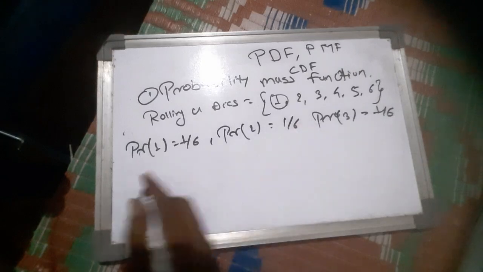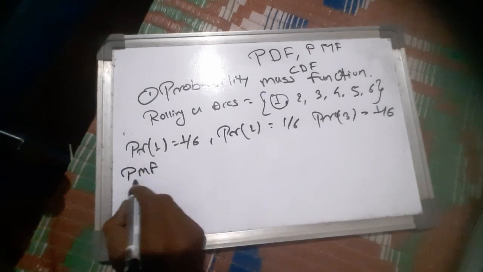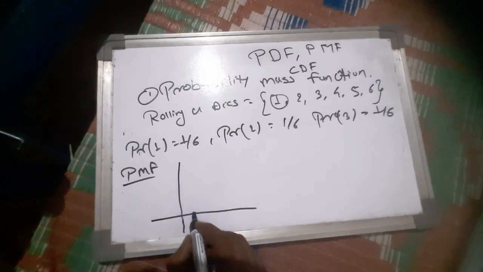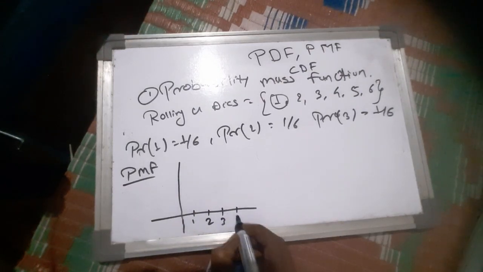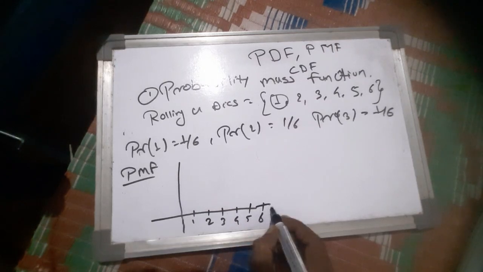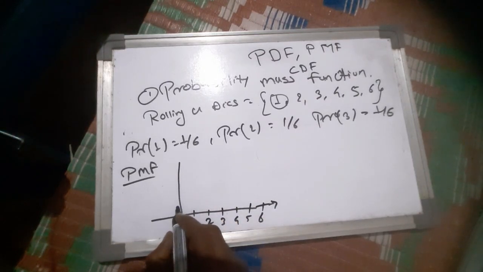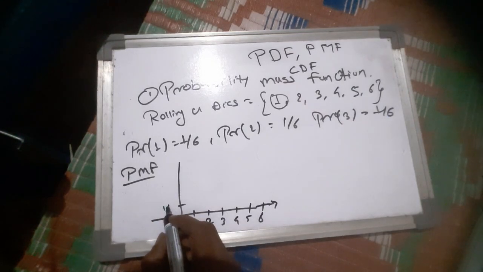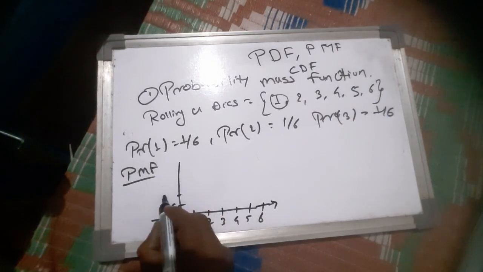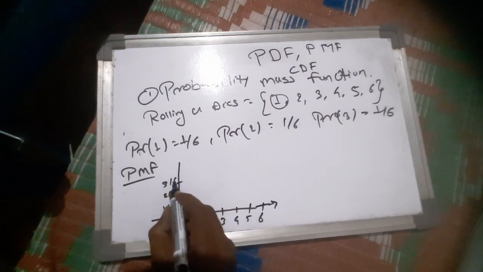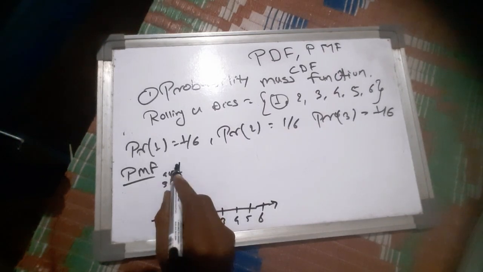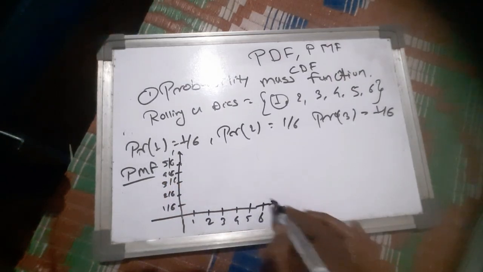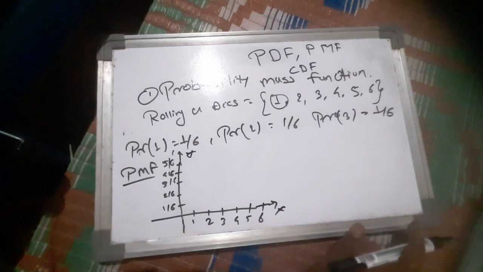So if you talk about the PMF graph, your graph looks like 1, 2, 3, 4, 5 and 6 on the x-axis, and 1 by 6, 2 by 6, 3 by 6, 4 by 6, 5 by 6, and 1 on the y-axis.